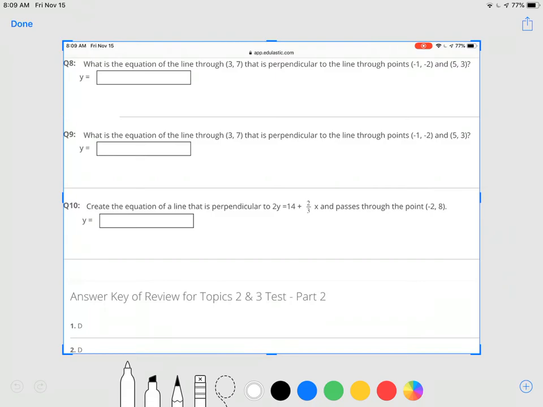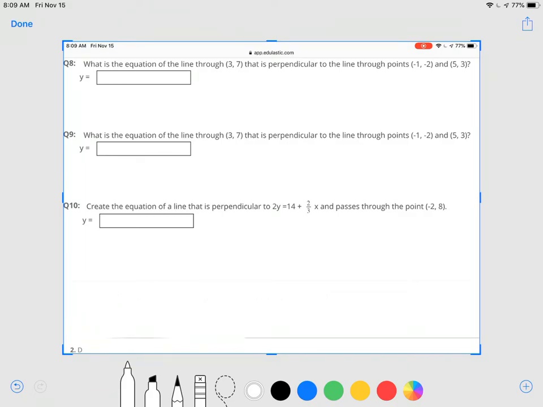So let's erase this, and erase this, and this. Okay, so number 8.